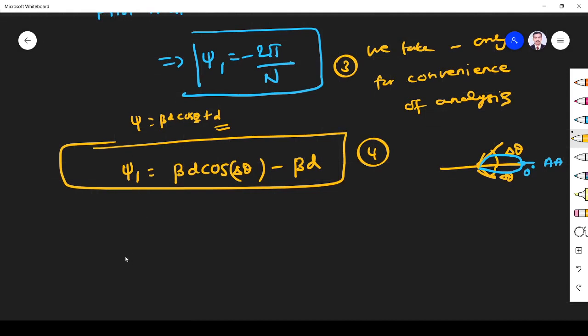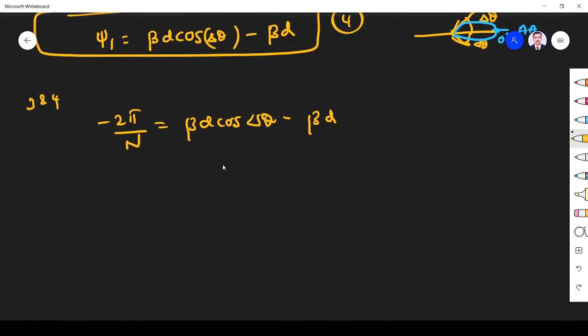So minus psi 1 is equal to 2 pi by n, from 3 and 4. Instead of psi 1, substitute minus 2 pi by n. That is equal to beta d cos del theta minus beta d. Right? So that will give beta d times cos del theta minus 1.